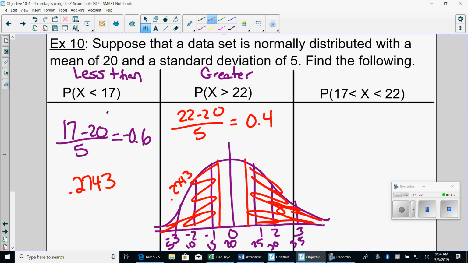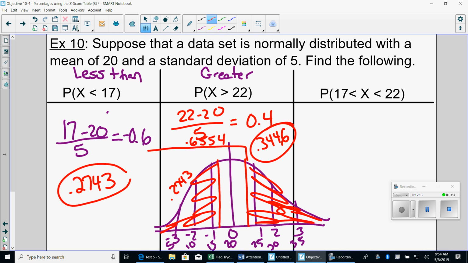But my question is, where is 0.6554? That's this side of the chart. So my question is, how do you get what's greater than? 1 minus 0.6554, which would be 0.3446. Okay, how many have gotten them both right so far?